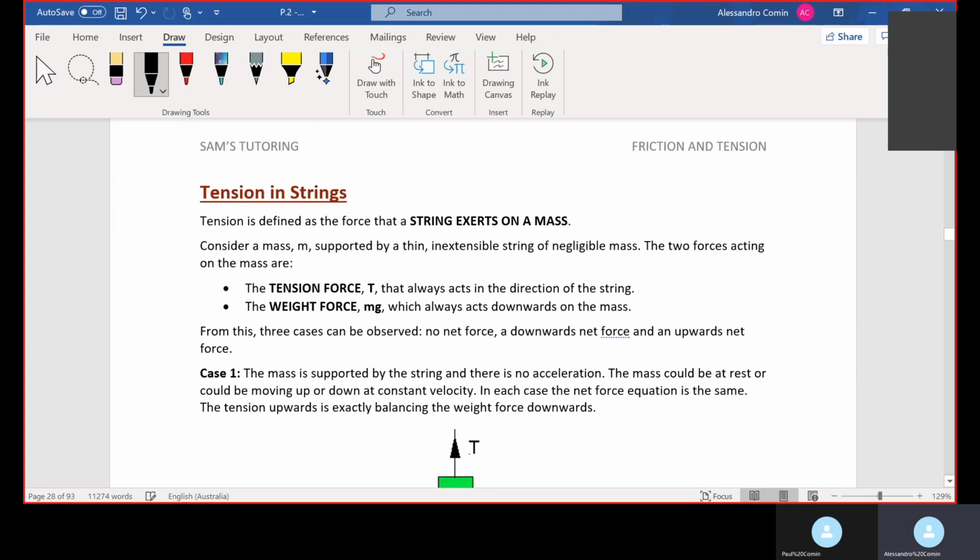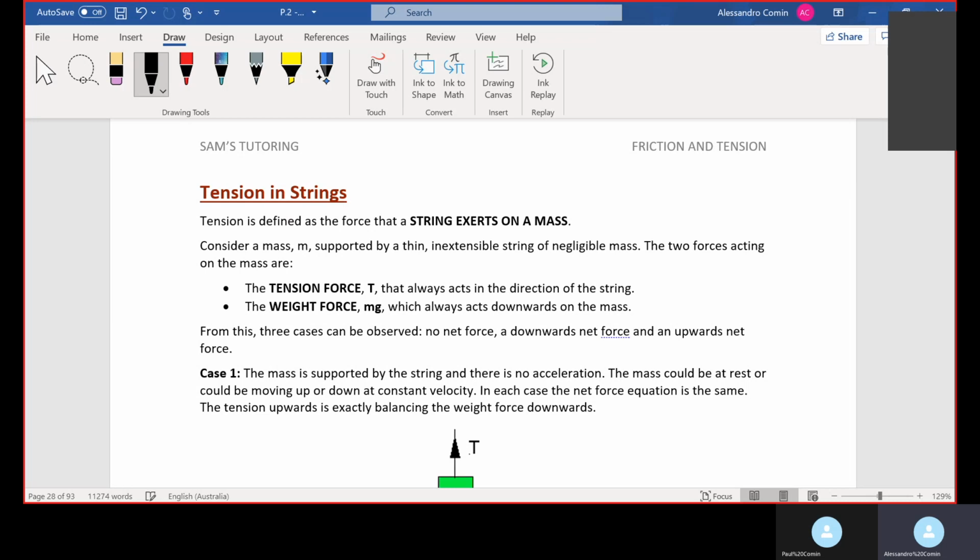Okay, so we're kind of finished with friction, not really, because obviously we're going to look at it next lesson in a different context, but just note that friction is a resistive force that points in the opposite direction to the direction of motion.